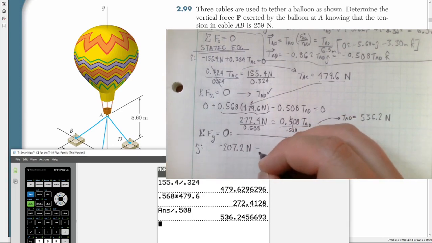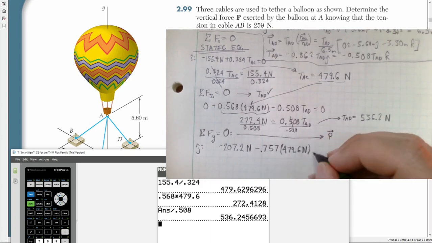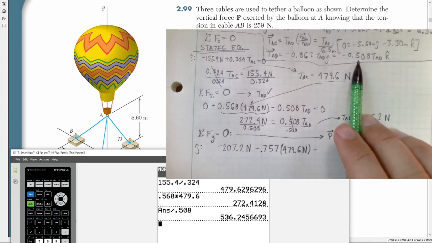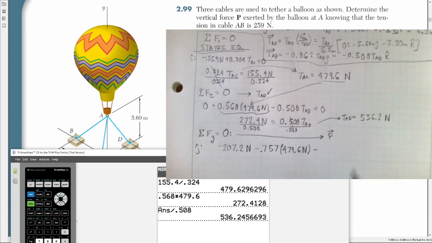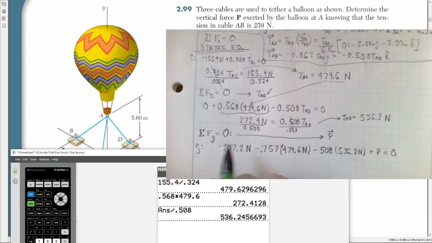They all should, for each tension in the cable is pulling down on the balloon. So negative 0.757 times 479.6 newtons. And then finally, the tension AD has this component, negative 0.508 times tension AD, we just found is 536.2 newtons. And then, of course, our force P, the vertical force P, pulling straight up, and this is all equal to 0, as all of our forces sum to 0 when we're in static equilibrium.